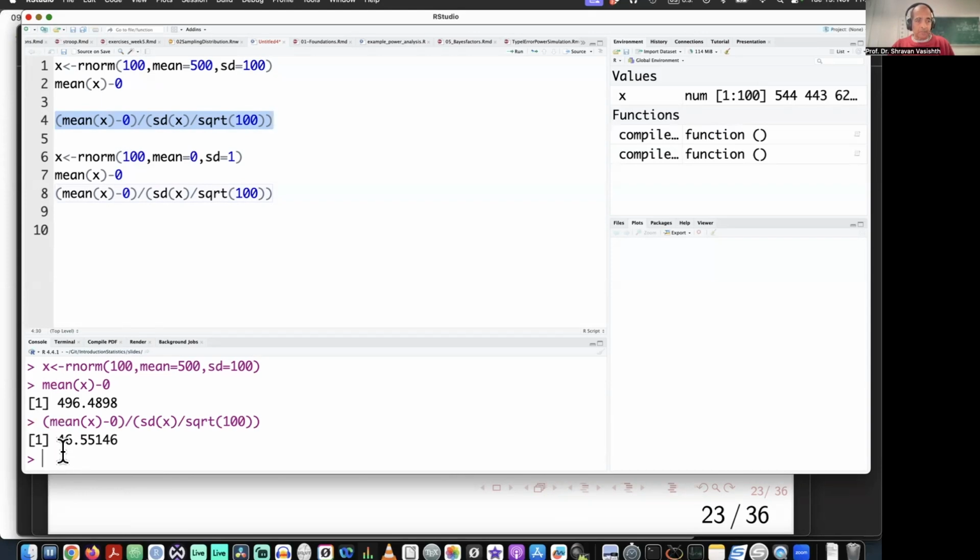This distance is now normalized, in the sense that we are correcting for whatever the standard error is, and we are looking at the distance in the situation where the standard error is 1. Okay, so that's what normalization does here.